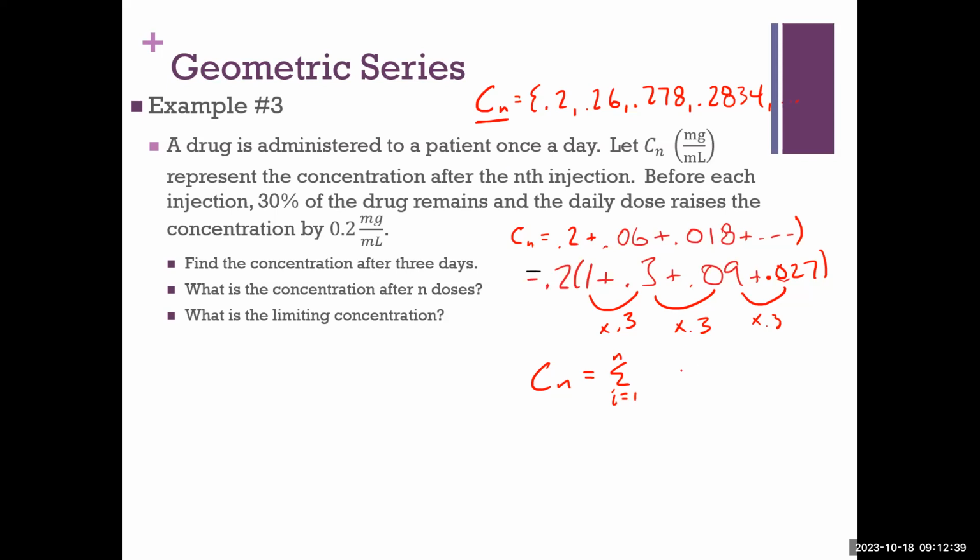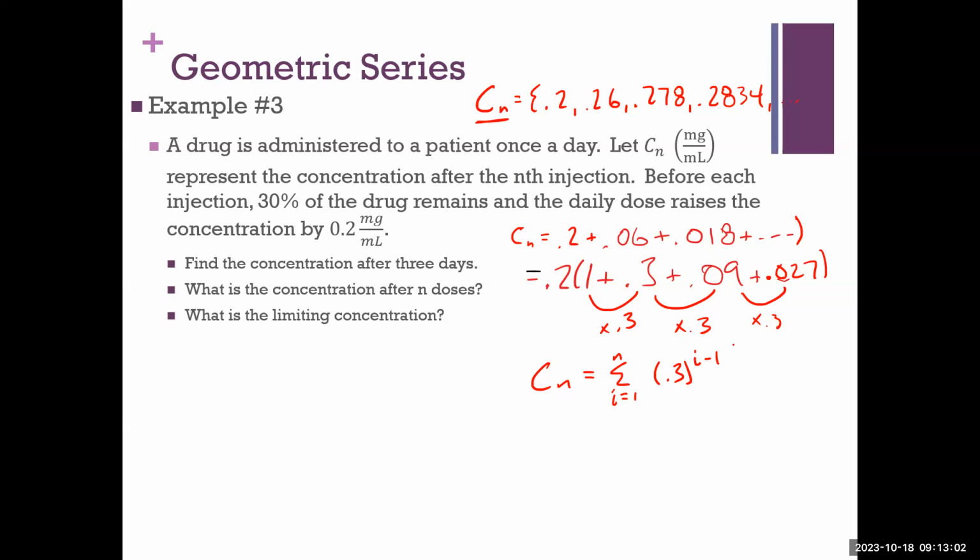What makes a series geometric or a sequence geometric? Common ratio, right? And what do I do with that common ratio? I basically just keep multiplying by it. So I think i minus 1 is what I want.